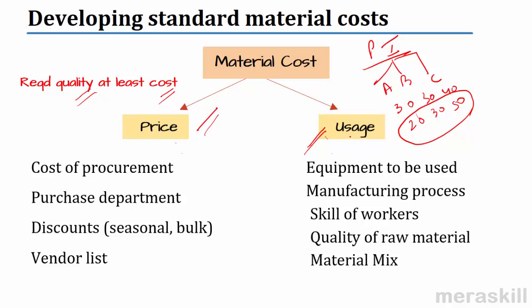However, the usage or the material losses may depend upon the manufacturing process, on the equipment being used, on the quality of the material, or on the skill of the workers. At the same time, it may also depend upon the material mix, the ratio in which we are using the different raw materials to make our product.